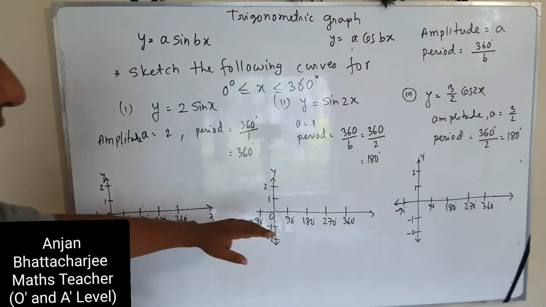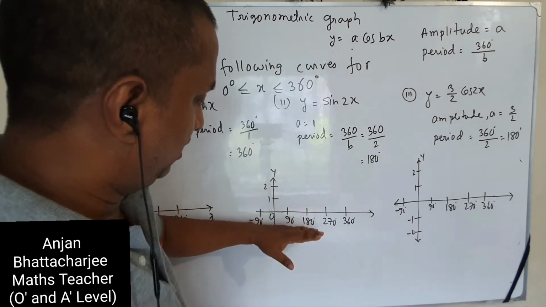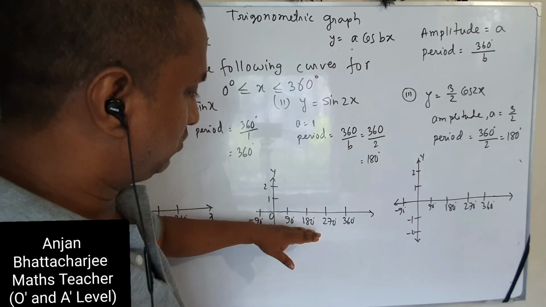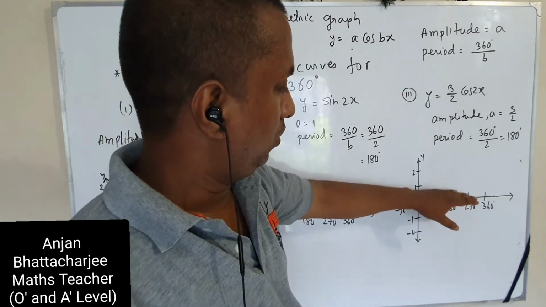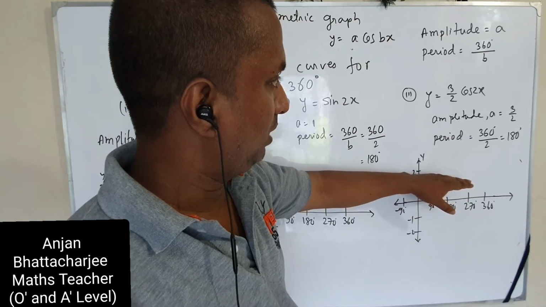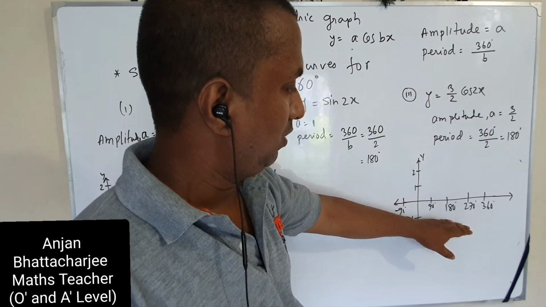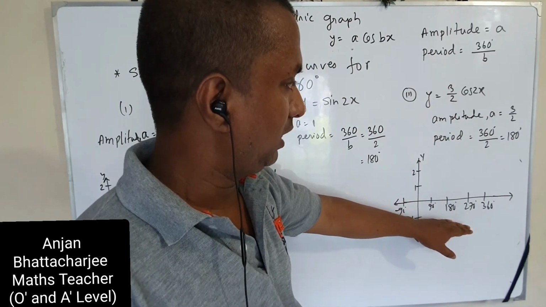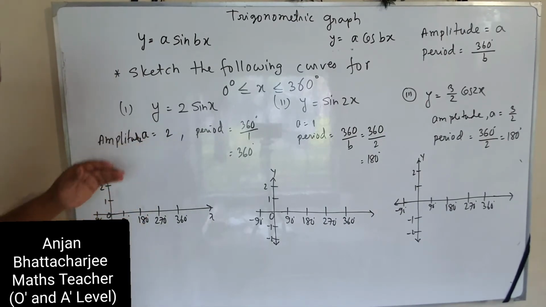Same here, it will go 1 unit up and -1 from the axis, and this one will go 1.5 units up and -1.5 units down. So its maximum is 2 and minimum is -2 from the x-axis.